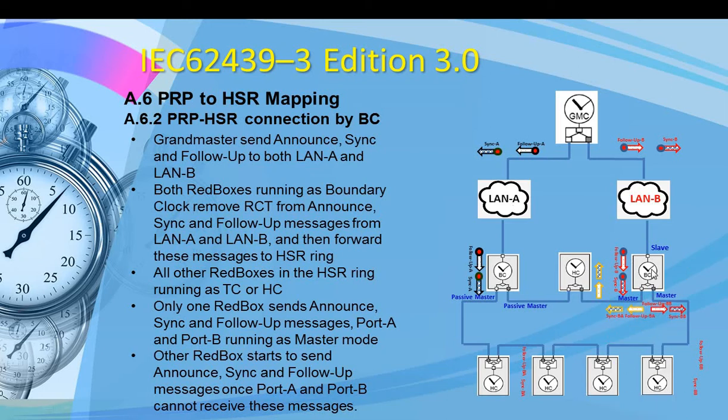Because the RedBox on the right side is running in active mode, it forwards two copies of announce, sync, and follow-up to the HSR ring, which means sync message and follow-up to the A direction, and sync message and follow-up message to the B direction. Because this RedBox is running in passive mode, it doesn't forward any message to the ring.